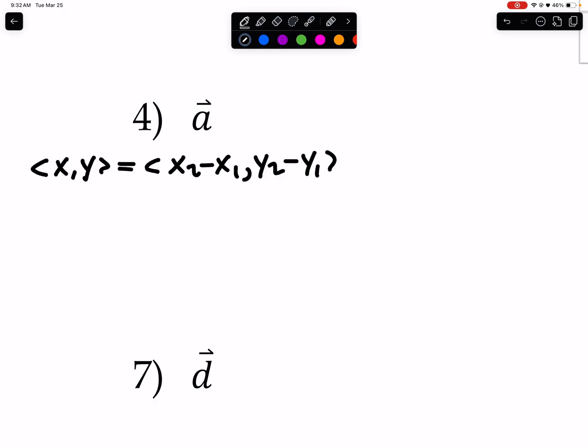But more specifically, I'm going to do the terminal minus the initial. So when I plug in, my terminal side is going to be -6 minus -7. And yes, the order does matter in this case. You have to do the terminal minus the initial. And then for the y values, I'm going to do 3 minus 1.